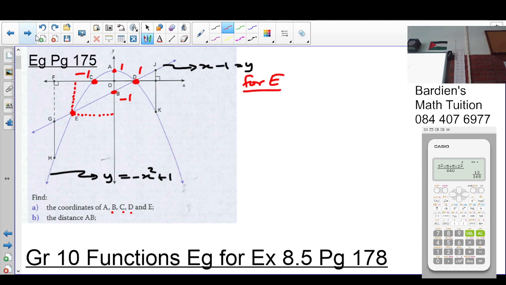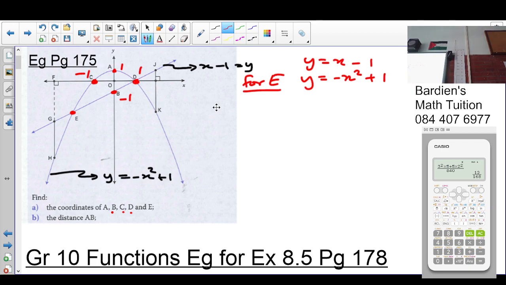Can you see that? So if it's sharing the same x and y values, that means to say we can set the two graphs equal to each other to work out the point of intersection. So whenever we work out the points of intersection, we set the two graphs equal to each other. So the one graph is y is equal to x minus 1 and the other is y is equal to negative x squared plus 1.